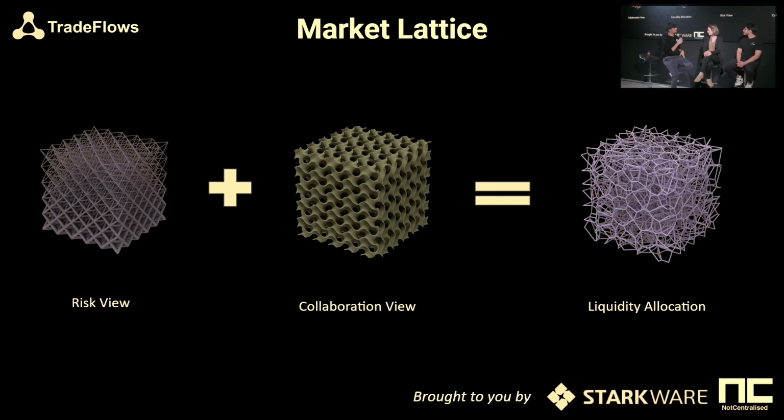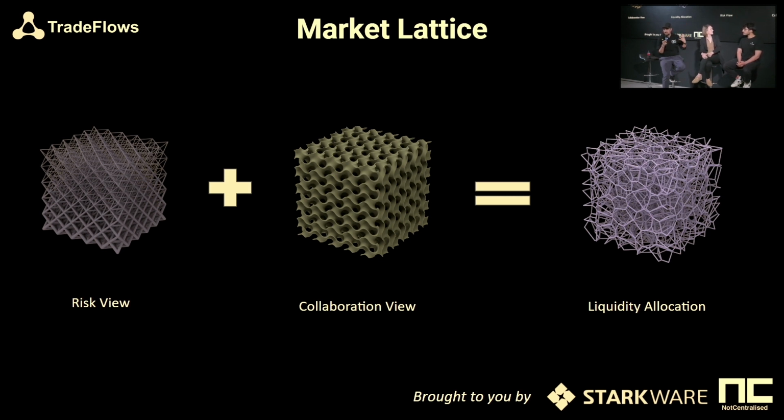Okay, cool. So what we're doing is that with that risk view, and also I forgot to mention that there is a collaboration view, a way to rate each other from a collaborative point of view within each transaction. What it allows you to do is actually create a risk view of the entire lattice or the entire economy, together with a collaboration view of the entire economy, which then also gives you an ability to understand where you actually need to deploy liquidity.